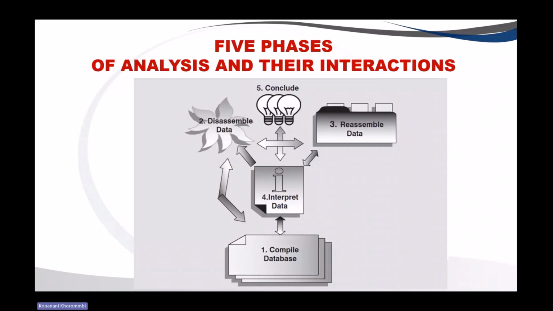On the far left on the top, we have disassemble, which is stage number 2. When that happens, interpretation gives feedback to it. In other words, while we are disassembling, we are also interpreting, but we are compiling the database.